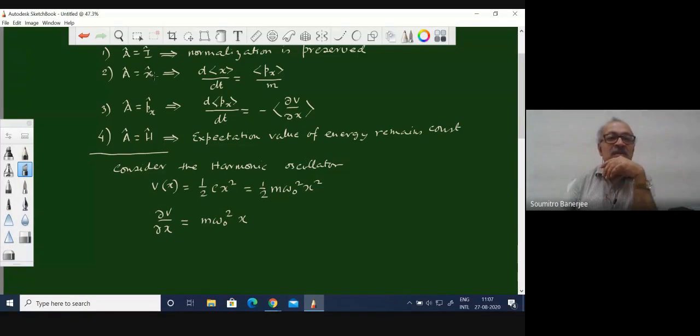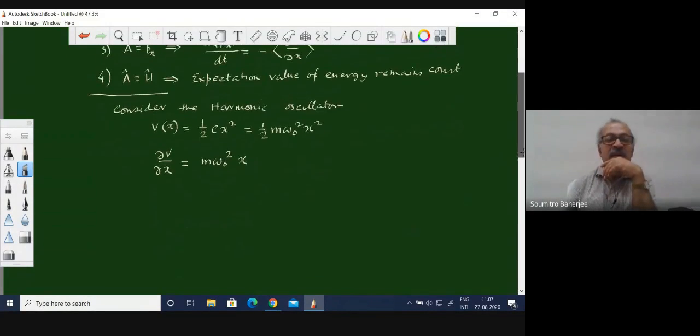And what does this equal? It said dx/dt is equal to px by m. That is what was obtained.